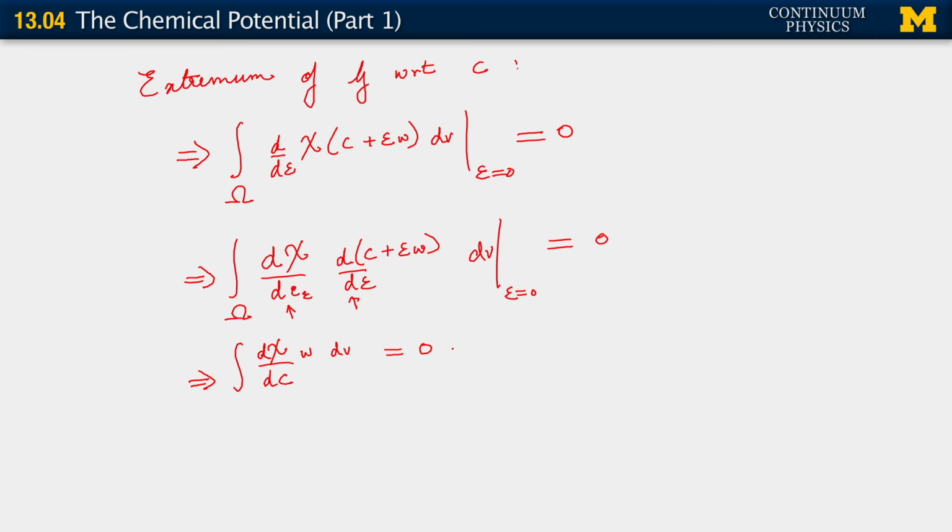Now, this quantity, the derivative of chi with respect to C, is what we call the chemical potential, mu. The chemical potential is understood as a quantity that tells us, as the derivative indicates, how the free energy changes for every little addition of concentration at a point.